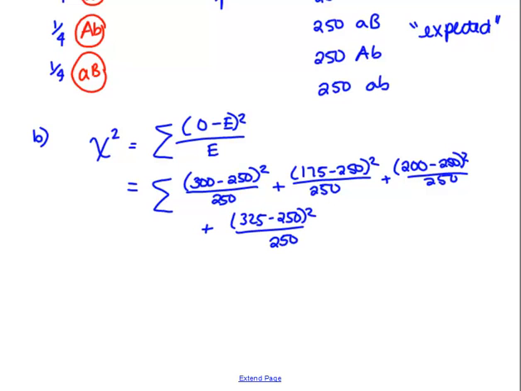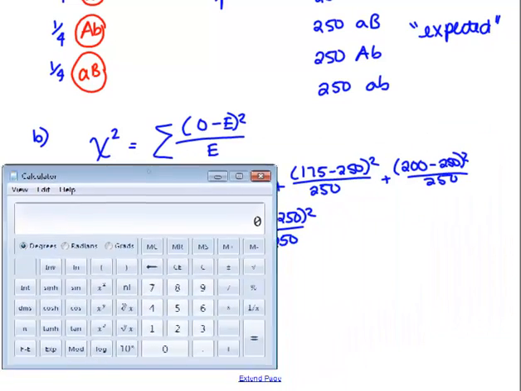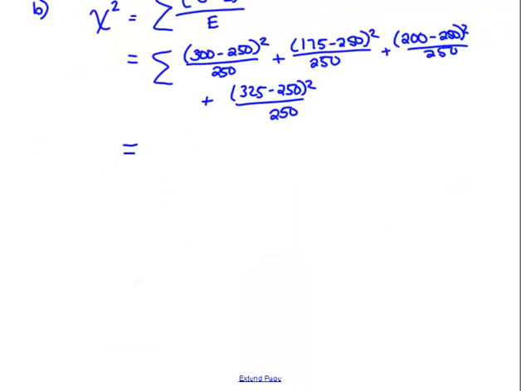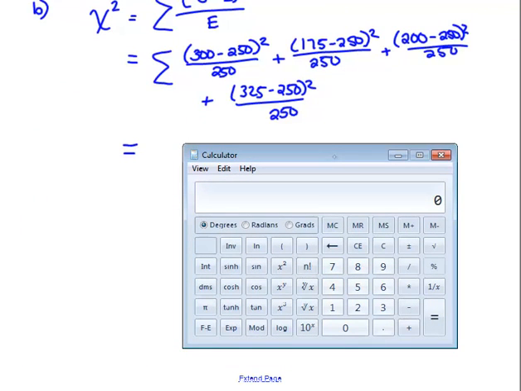So let's actually calculate this. The first, 300 minus 250 is 50. So 50 squared, 2500, divided by 250 is 10.